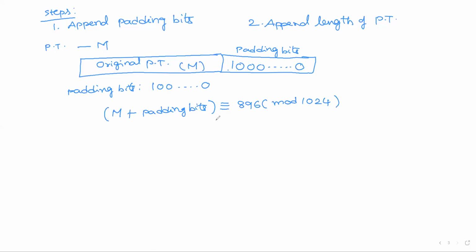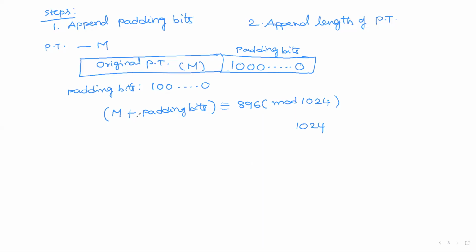But if I say it like this, it will be difficult for you, so I am giving one simple example. I'm taking only one block. One block must consist of 1024 bits.